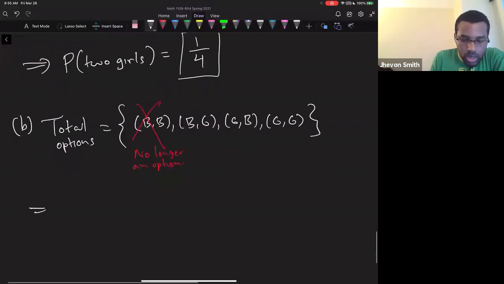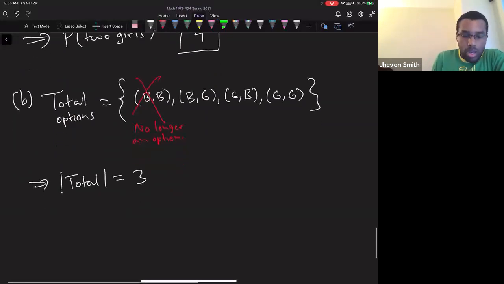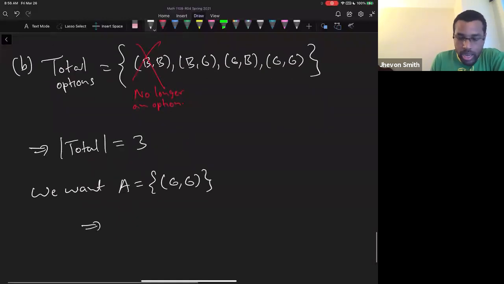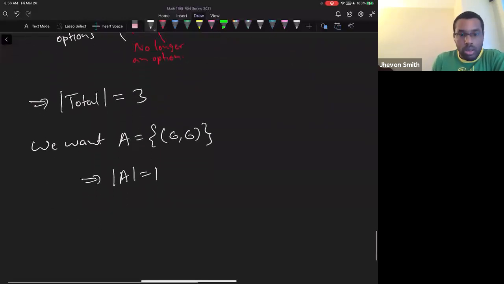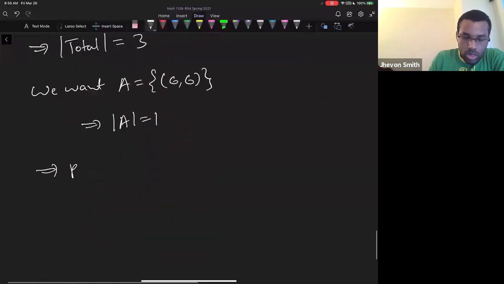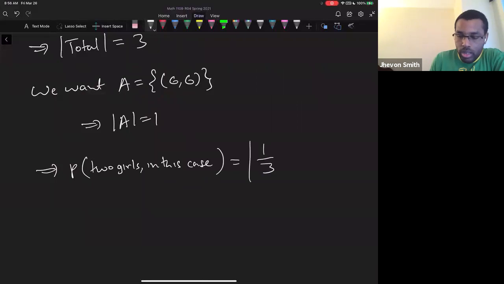So this means the size of the total possibilities was 3. And again, we want A to be the 2-girl scenario. The size of A is still 1, which means the probability of 2 girls in this case is 1 out of 3.